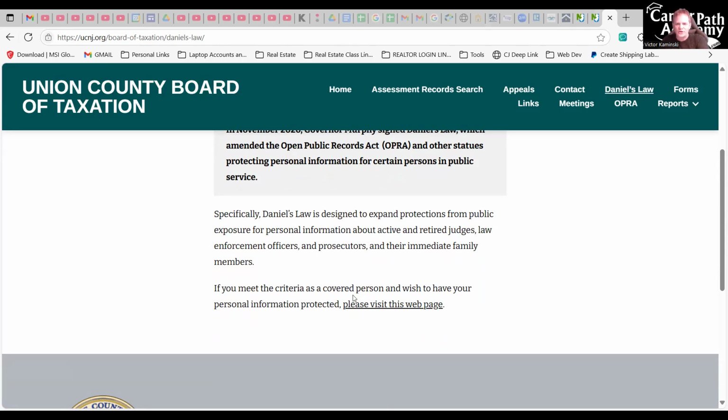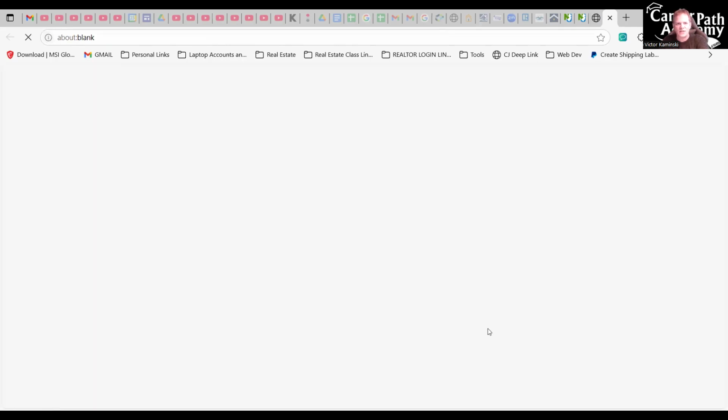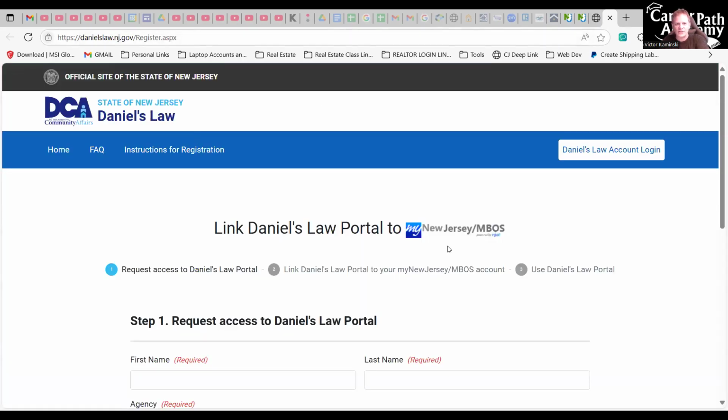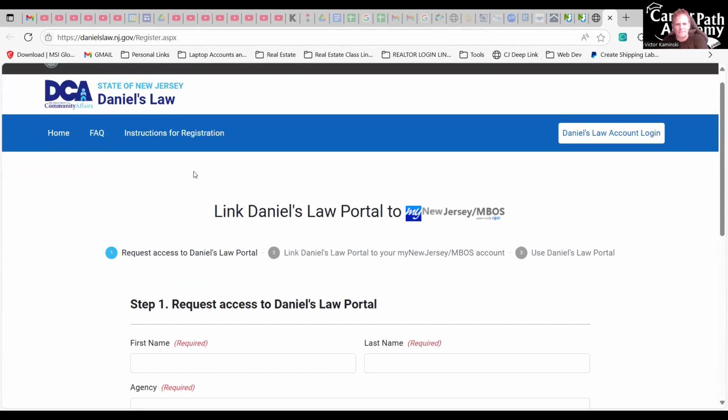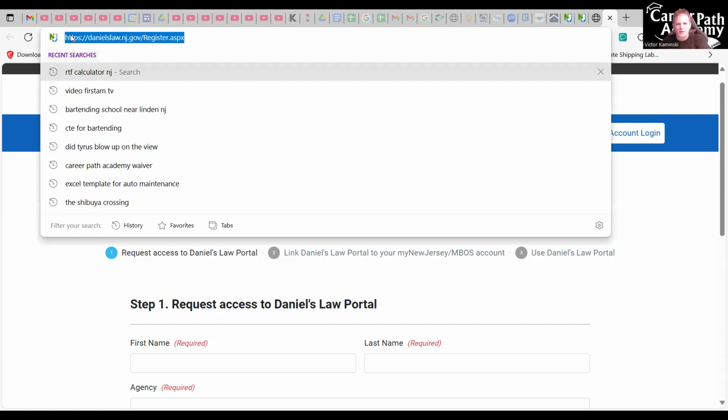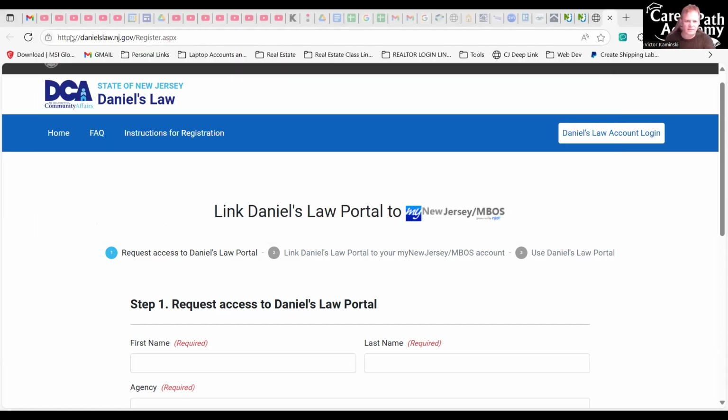If you meet the criteria covered and you wish to have your personal information protected, you could visit the website for Daniel's Law registration here and have your information removed from all public records. And that is for Daniel's Law, so I'll put.